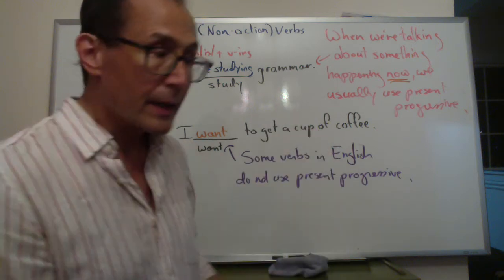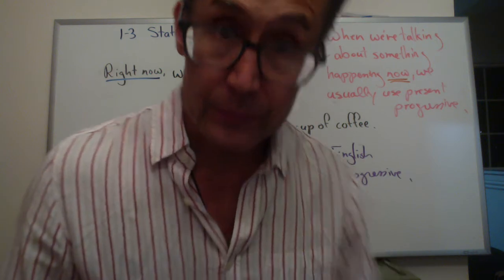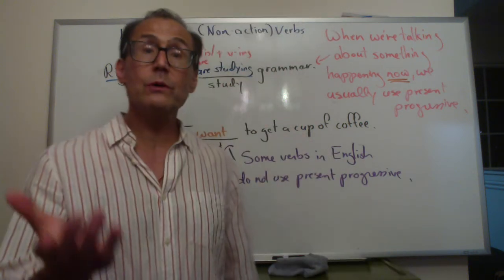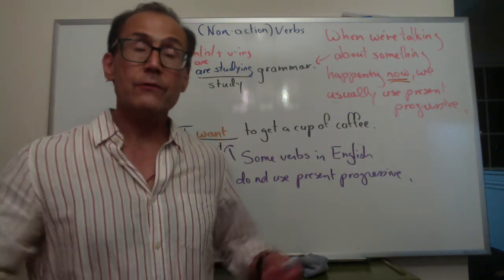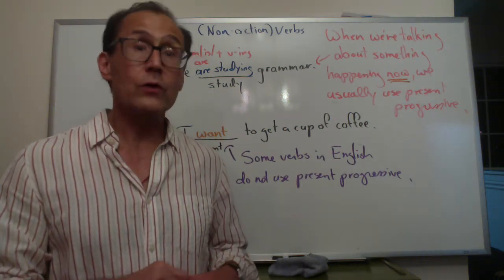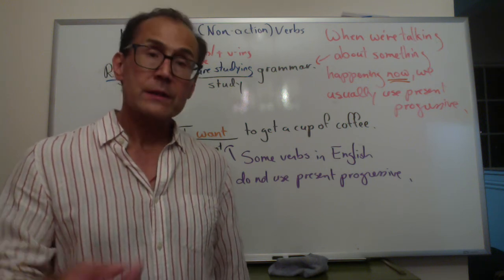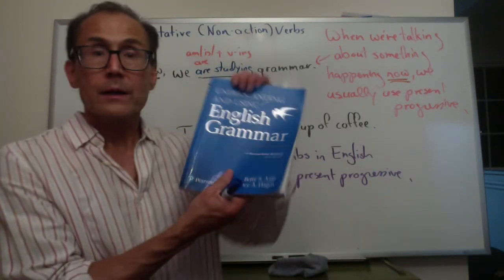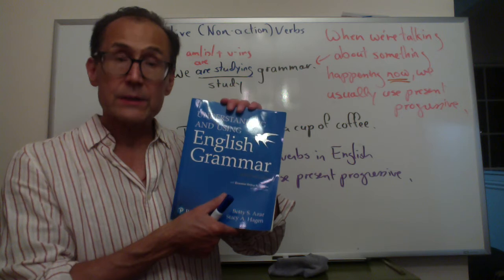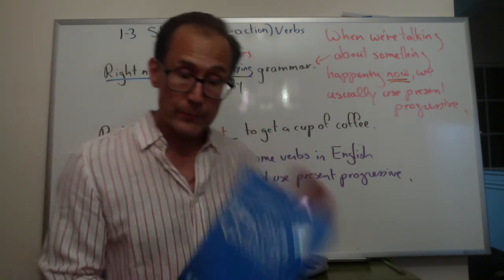Also, if you Google the words stative verbs or non-action verbs, you'll find many lists of non-action or stative verbs in English. Some are longer, some are shorter. The one in the book is a relatively short list, but it's the most important ones, the ones you'll probably need to know.